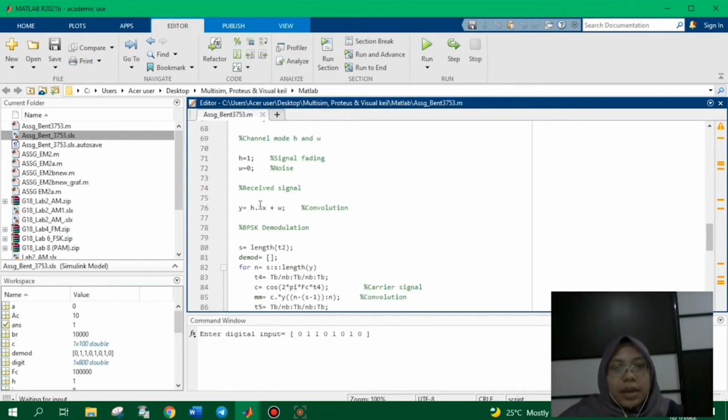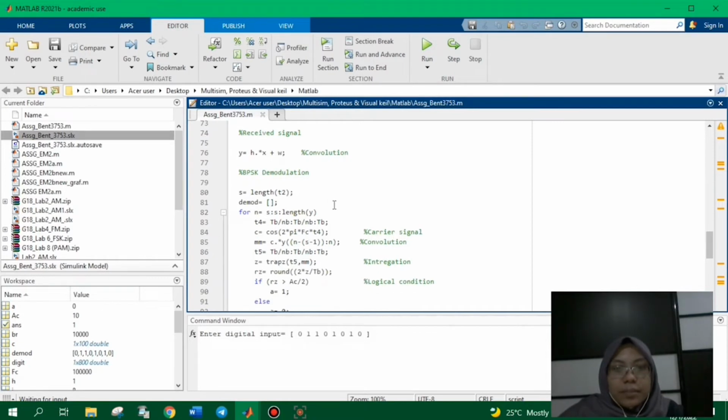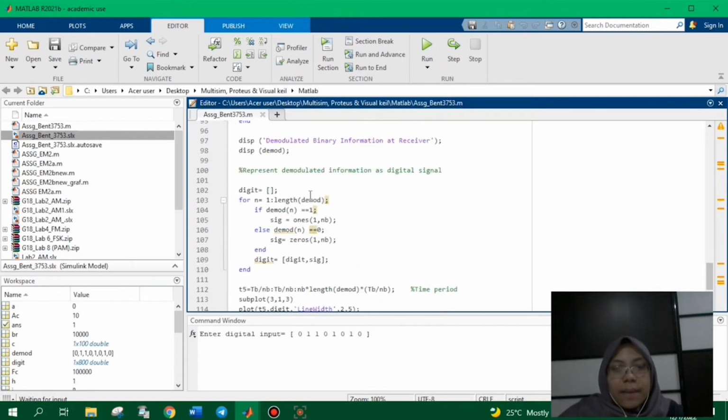At the receive signal, Y equal to H multiplied with X plus W. For BPSK demodulation, to calculate the carrier, C is equal to cos multiplied with 2 pi fc multiplied with t. This is the convolution, integration and logical condition. This is the coding that represents the demodulated information as a digital signal.